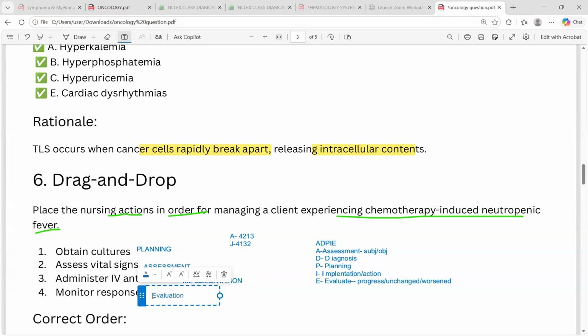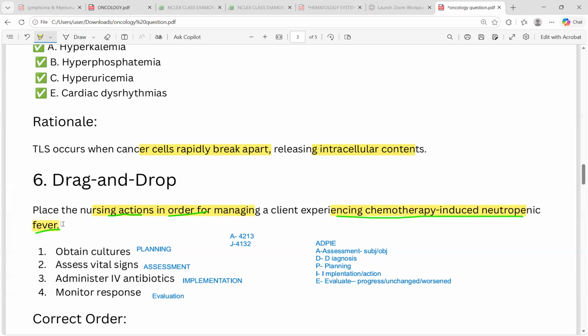Check your own answer, which is the correct order. What is the question here? Place the correct nursing actions in order for managing a client experiencing chemotherapy induced neutropenic fever. That means the client is receiving chemotherapy, and here we need to plan the nursing actions in priority order.